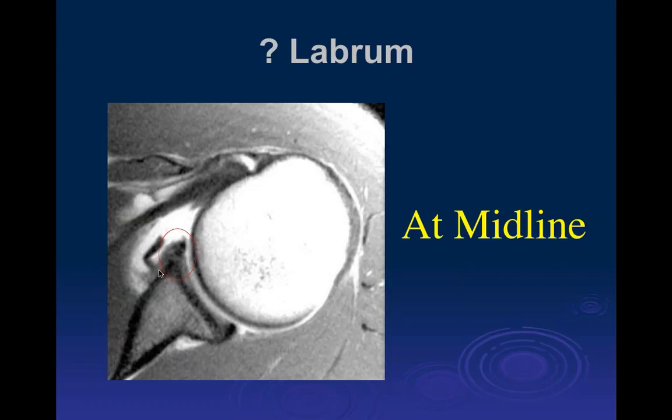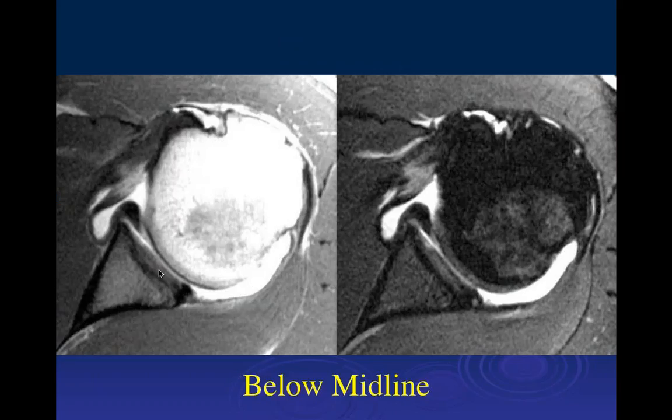It's a tiny bit irregular, but there's the labrum midline. Now this is a cut in the same patient, below the midline. There's this low signal intensity structure that's bowing. It attaches to the humerus, and then it comes more proximally towards the inner aspect of the glenohumeral joint.